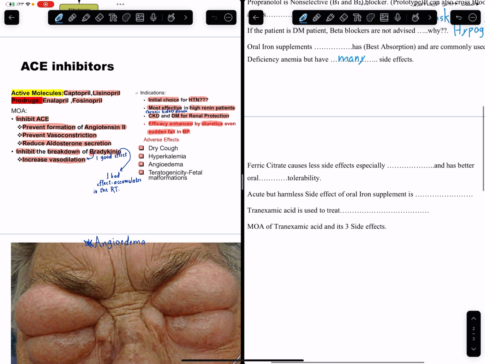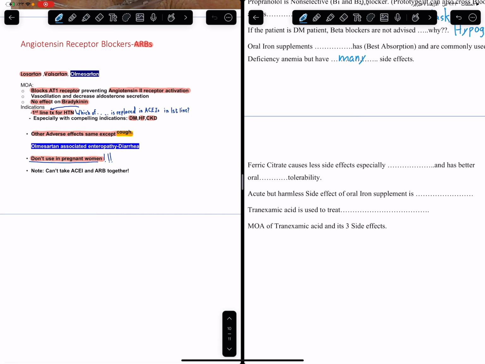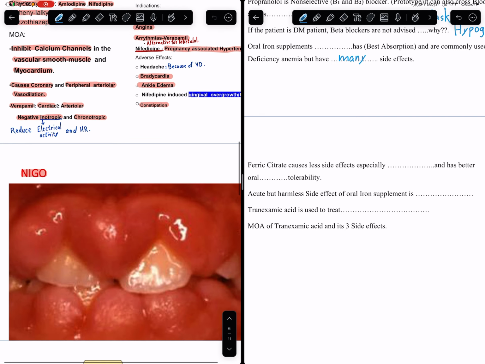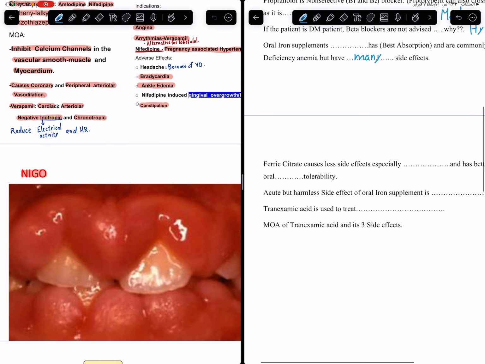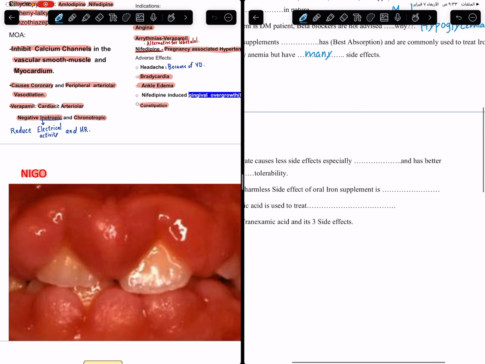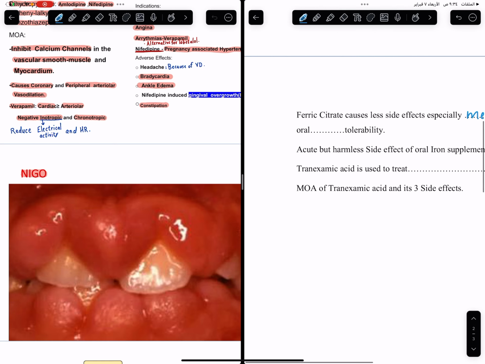Metallic taste is less with ferric citrate, and it has better oral tolerability.